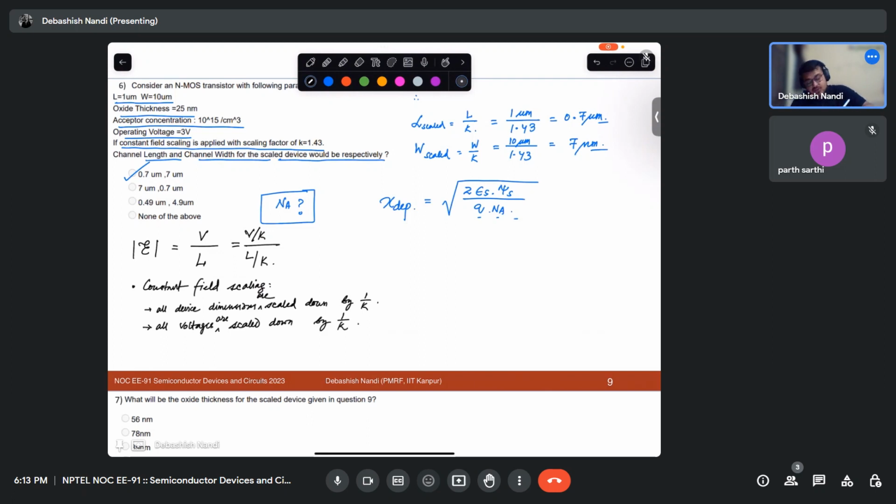Okay. So now you see you need X dep over K, right? So how will you find that? You have your 2 epsilon s times psi s over K because it is a voltage, and you have Q. So your NA you need to do up or down.